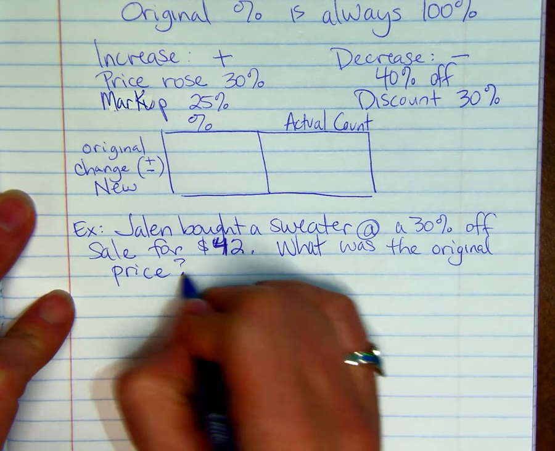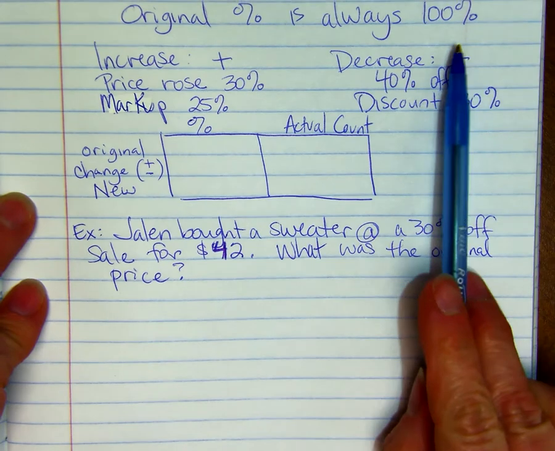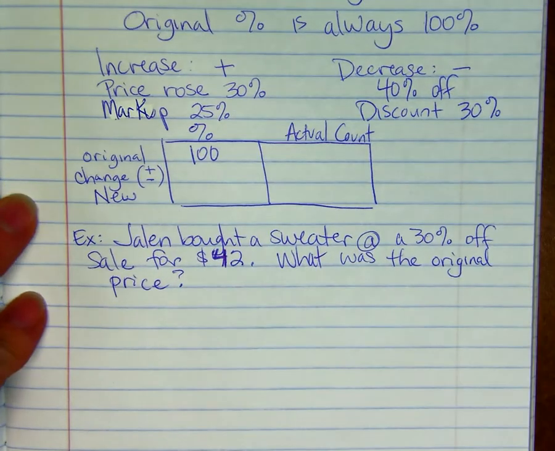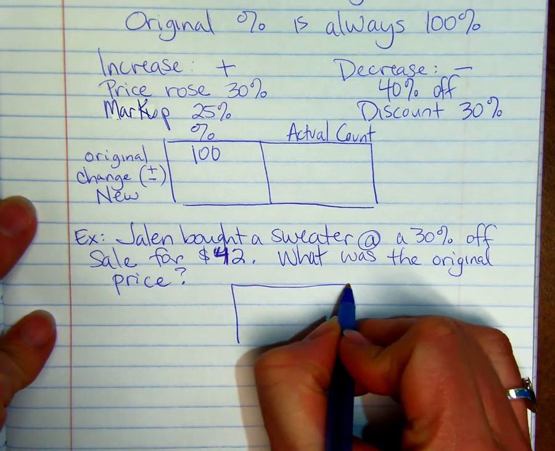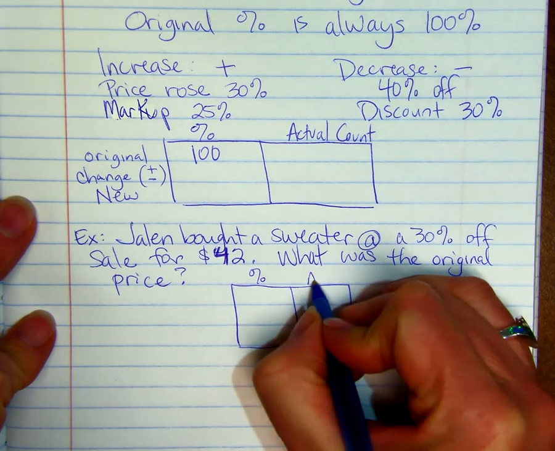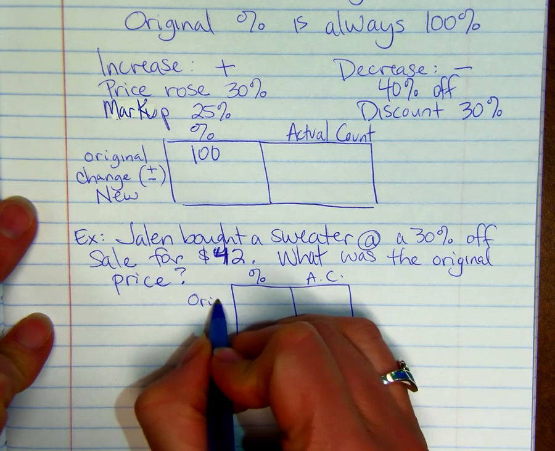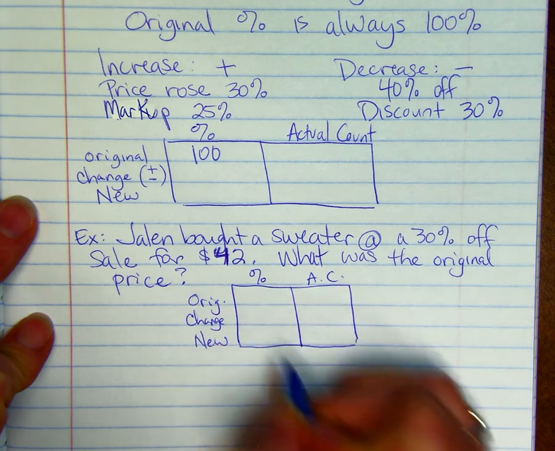So, okay, in this box, what did we say up here? The original percent is always 100%. So we could put 100 right here in this box. Every time we draw it, we can put 100. So we're going to do our box, original, change, and new. We have percent, actual count, original, change, and new.